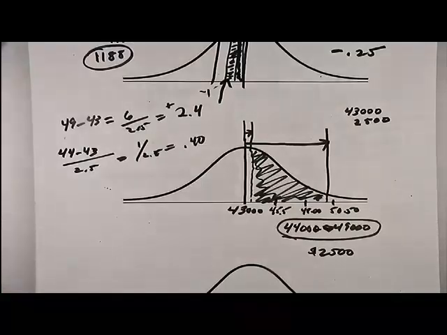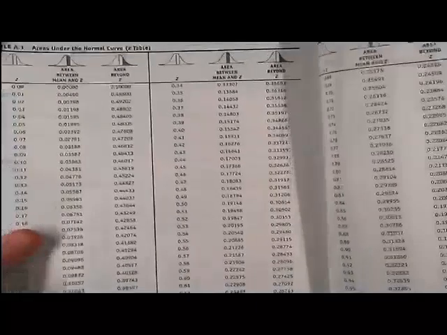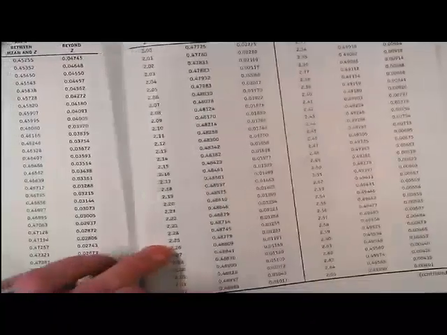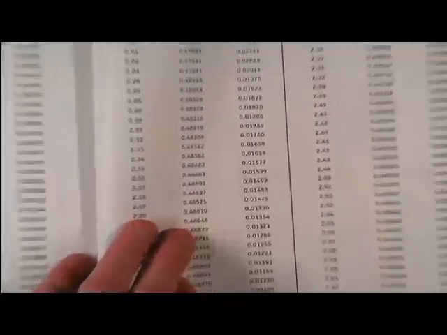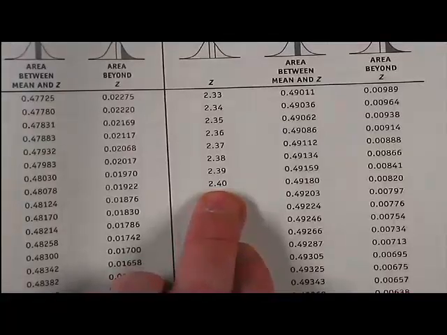I need to get my percentages for that area. So if I have a z of 2.4, and I'm going mean to z of that, I go in my chart and look for the z that's 2.4. Okay. 2.4 is here, and I'm going the area to z.